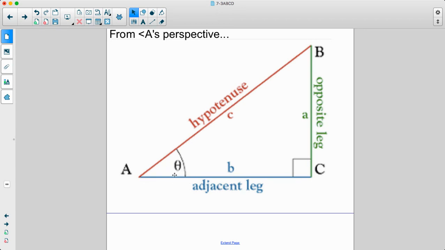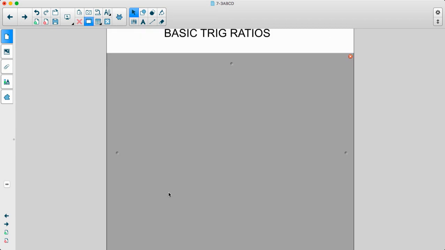In fact, the adjacent leg is one of the sides of angle A. Remember, our legs are the sides that shoot out of the right angle, and the hypotenuse is the side across from the right angle. Now notice if you were angle B, you'd have a very different perspective. B would be opposite and A would be adjacent. But this drawing is written from A's perspective. That's important when we talk about our basic trig ratios.